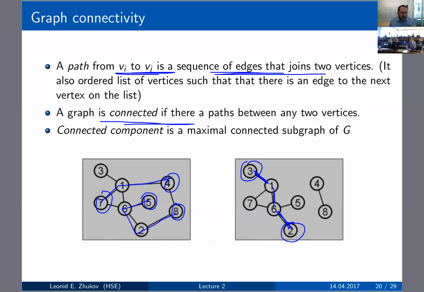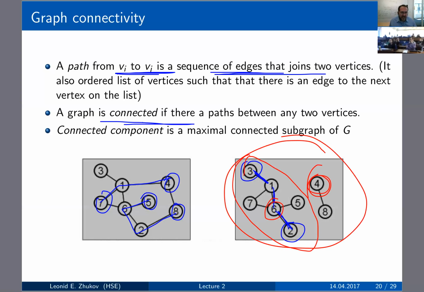Now, if a graph is disconnected, you can always find vertices such that there is no path from one to the other. Like if you take number 4 and number 6, there is no way to get from one node to another. Now, those nodes belong to the same graph. So this is a graph, but it is disconnected. In fact, it consists of what are called connected components. There is one connected component, there is another connected component.